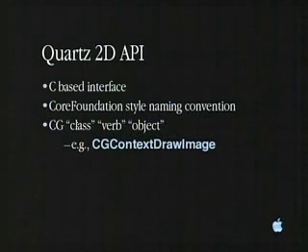The convention is basically a two-letter keyword representing the framework that you're working on, and class, verb, and object. So in our case, CG represents the framework, so all Quartz calls will begin with CG. As an example, CGContextDrawImage, it's straightforward. What that really does is it draws an image into a CG context.